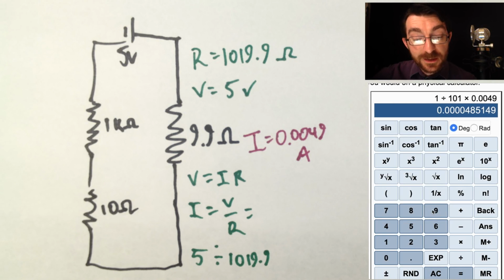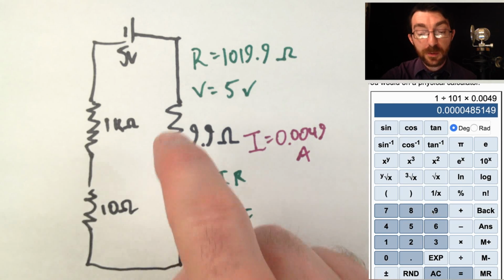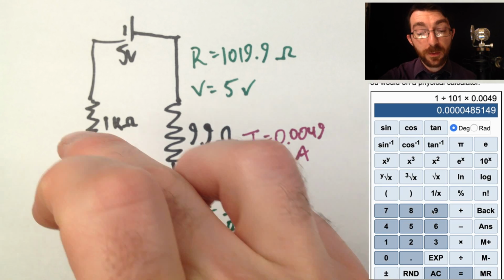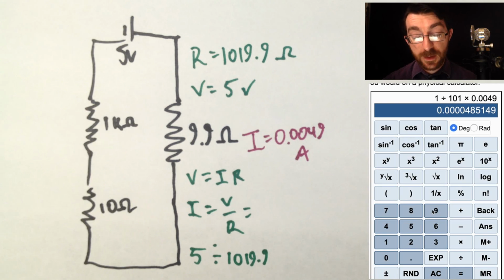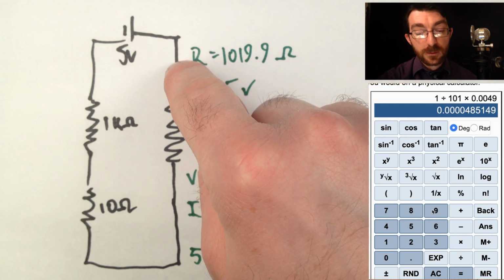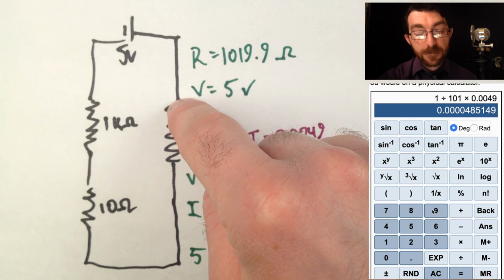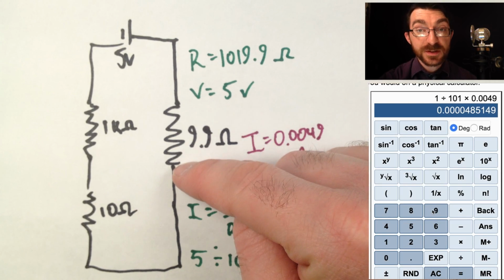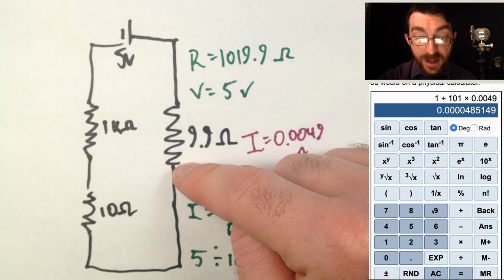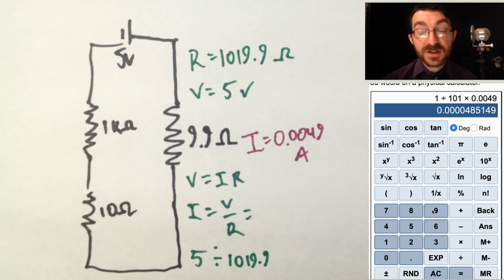And it costs less energy to go through easy resistors, and it costs more energy to go through larger resistors. In other words, we're looking at 5 volts all this way, and then after this resistor, the voltage will be less than 5 because some of the energy has already been spent. How much of it will have been spent? Well, it's going to be proportional to the resistance.